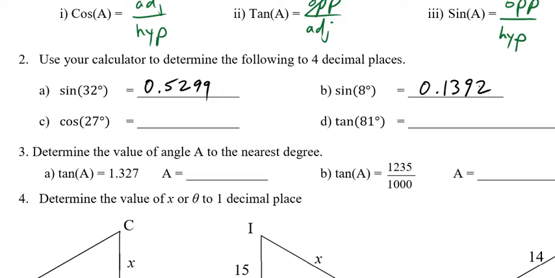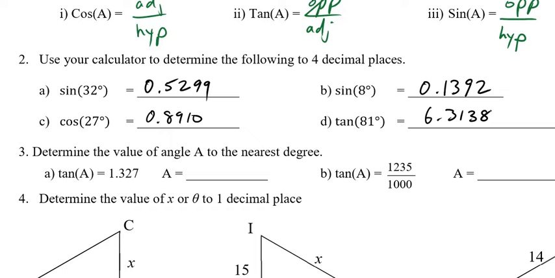Rounded to 4 decimal places, 0.1391, but the 7 rounds it up, right? Cosine of 27, 0.8910. And tan of 81. You notice that whether it's sine, cosine, or tan really doesn't make the question different. You just hit a different button, right? But it's all the same stuff. And tan is 6.3138. Everybody good?